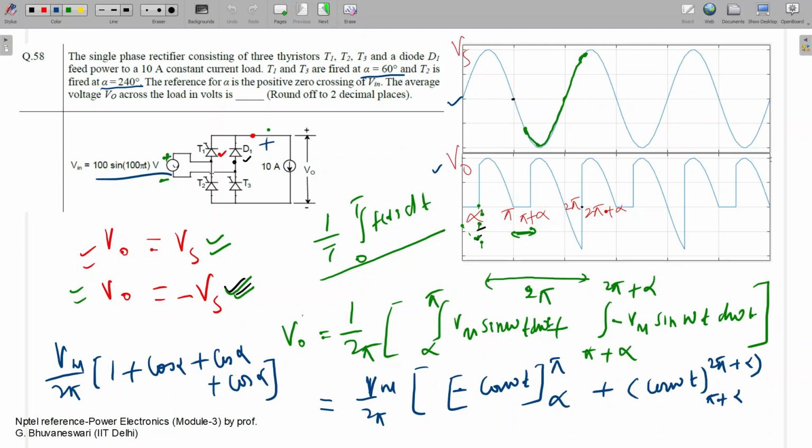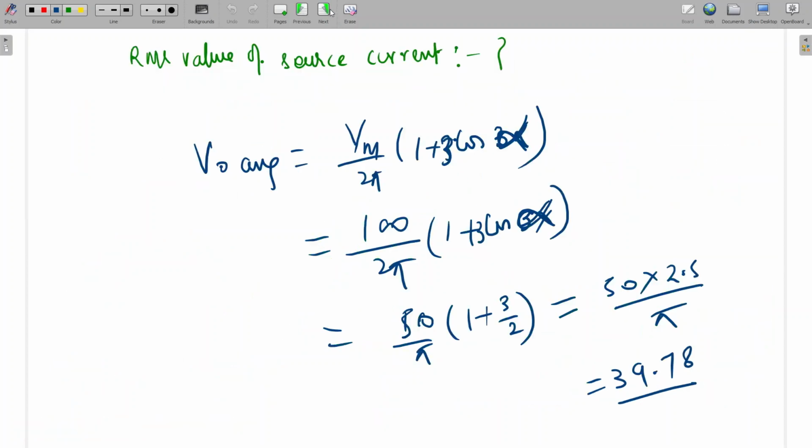So next question I am asking on the same question. Can anyone calculate what will be the RMS value of the source current? I am giving you 1 or 2 minutes of time, and you can tell what will be the RMS value of the source current.